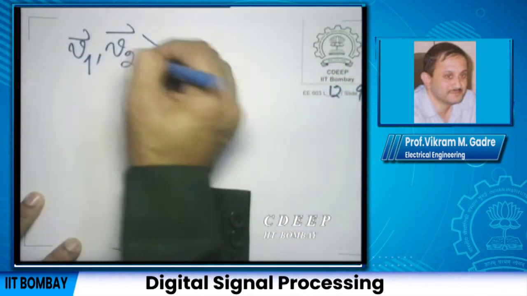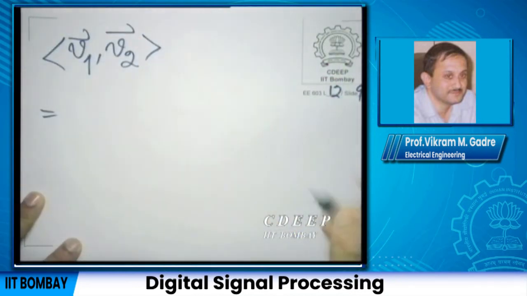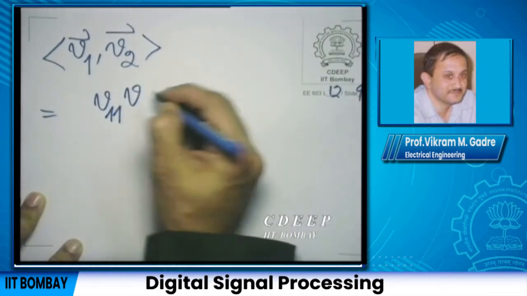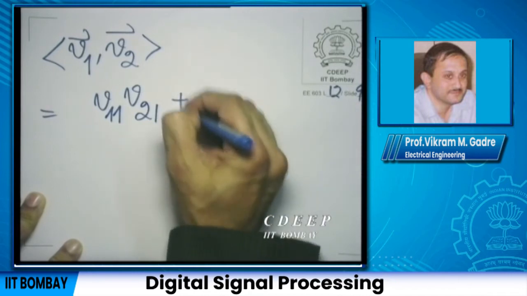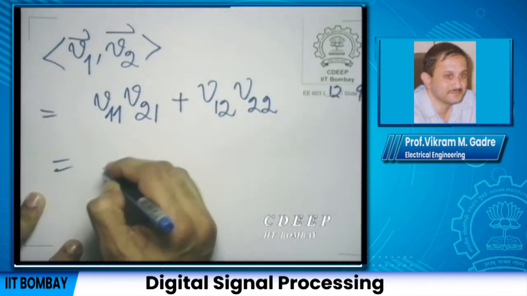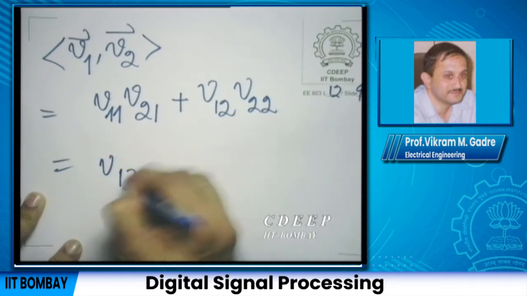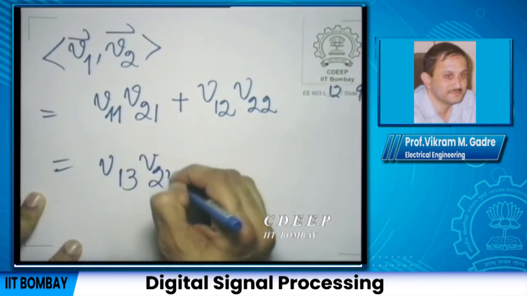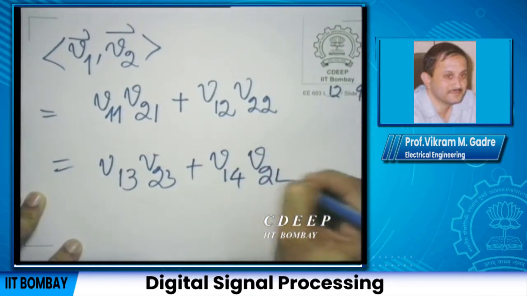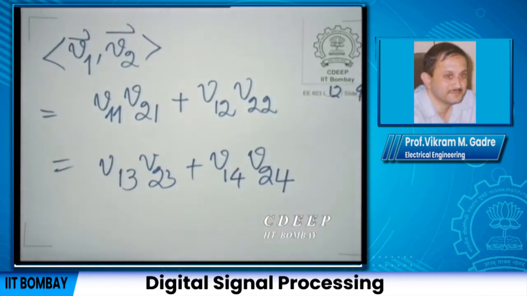So, the dot product of V1 with V2 in this simple 2-dimensional space is V11 V21 plus V12 V22, and it is also V13 V23 plus V14 V24.